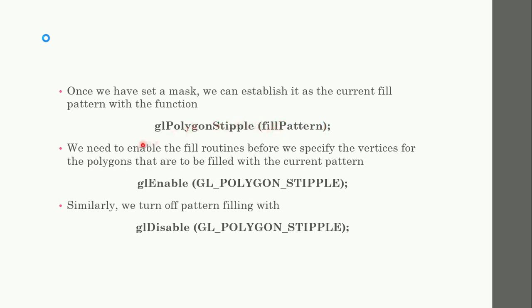Okay. And the third step is to activate the polygon fill feature of OpenGL. How do you activate it? It's activated using glEnable(GL_POLYGON_STIPPLE). And once enabled, to disable it, there is one more function, glDisable(GL_POLYGON_STIPPLE).